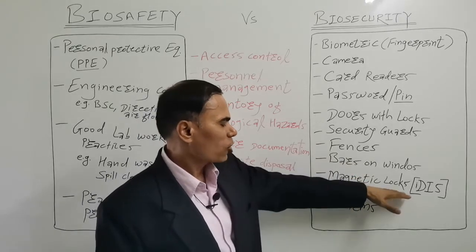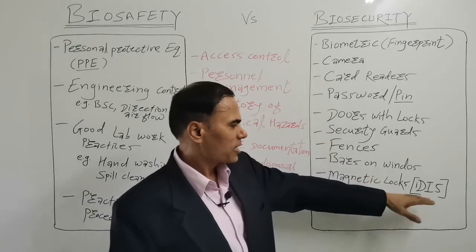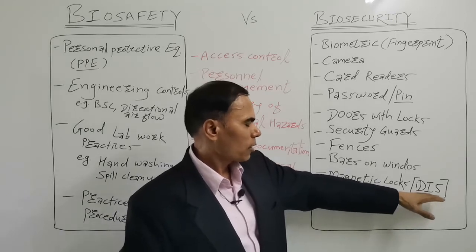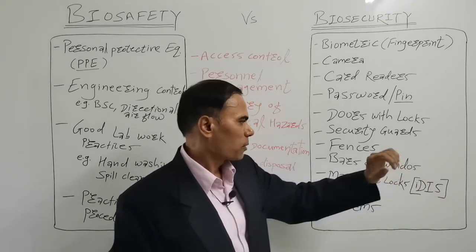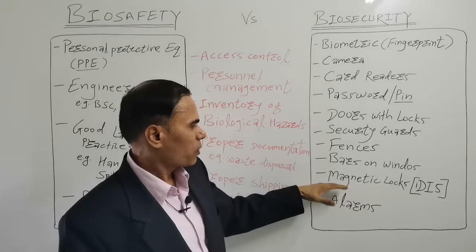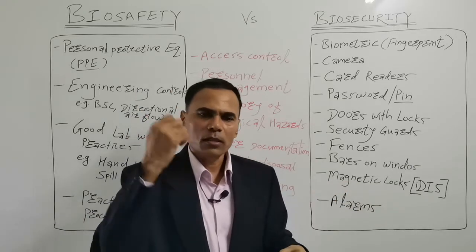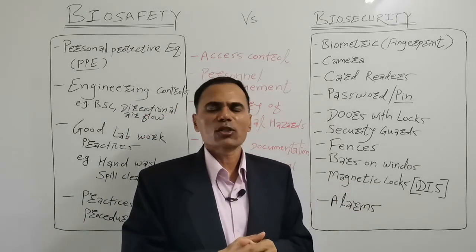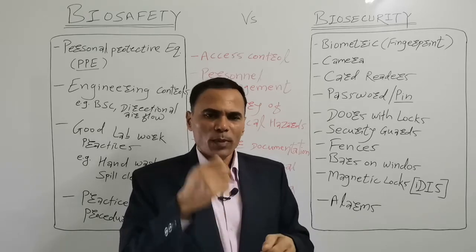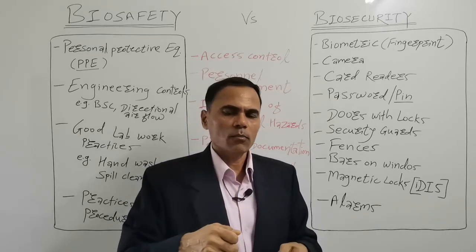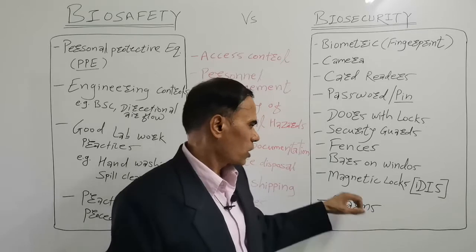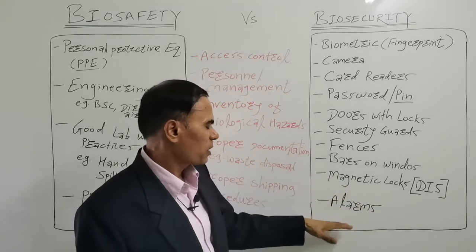Then magnetic lock system. It's also called an intelligent door interlocking system. This helps because after the laboratory door is opened, the door automatically gets locked. This is important for safety purposes.